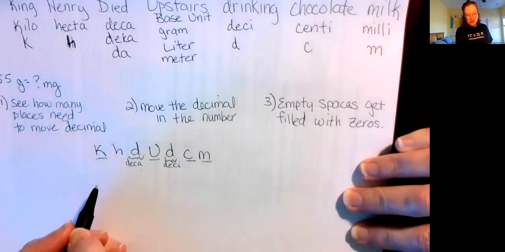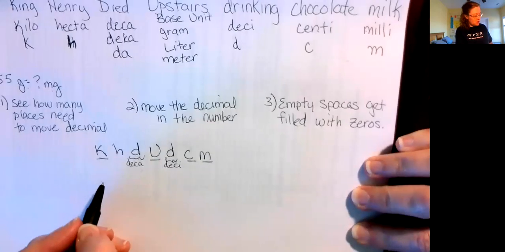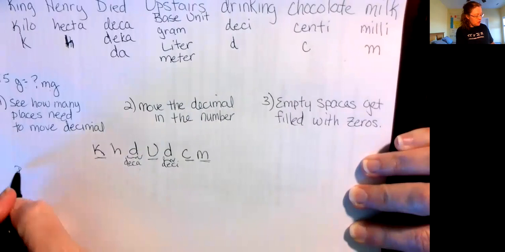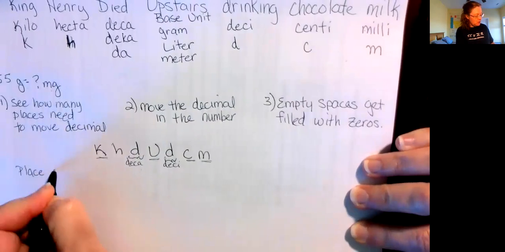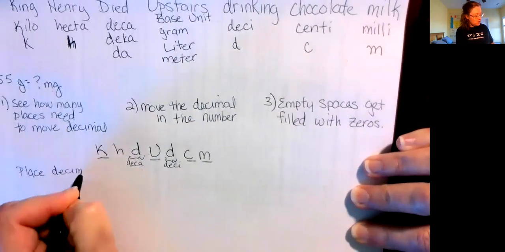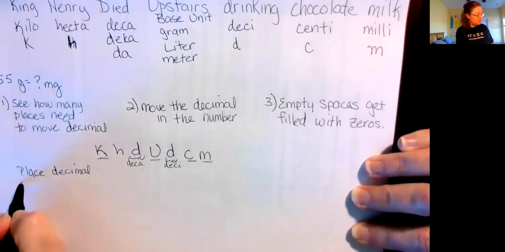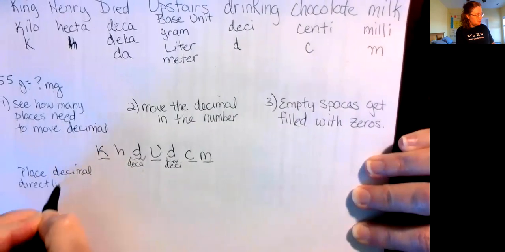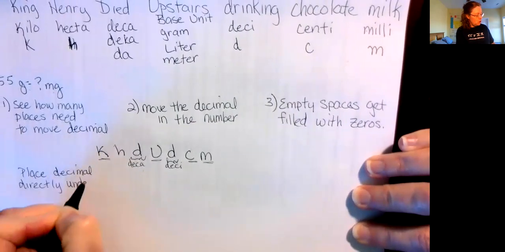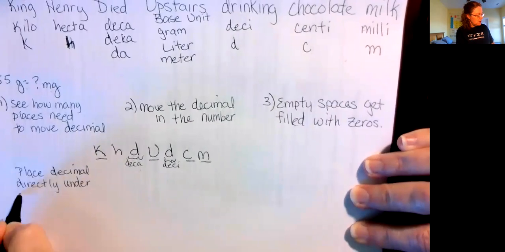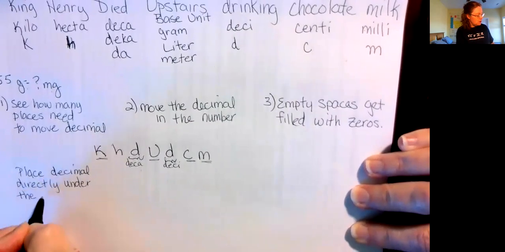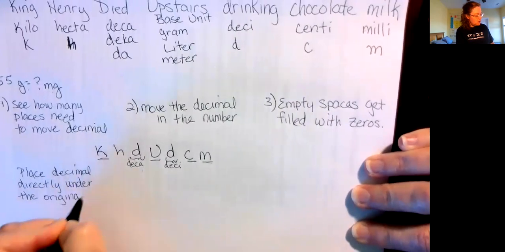Okay, so what happens? Well, I start with the decimal, place the decimal directly under the original unit, the undesired original unit. Okay, well, we're starting out with grams. That is one of the base units.